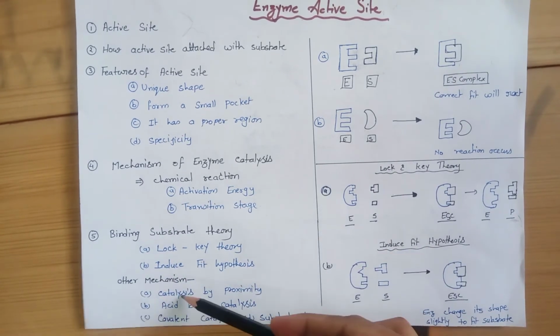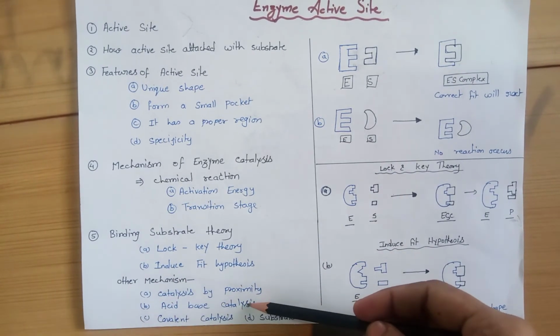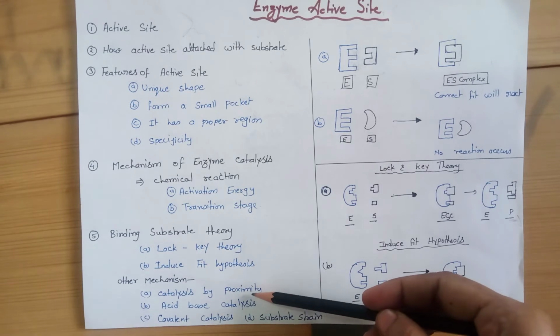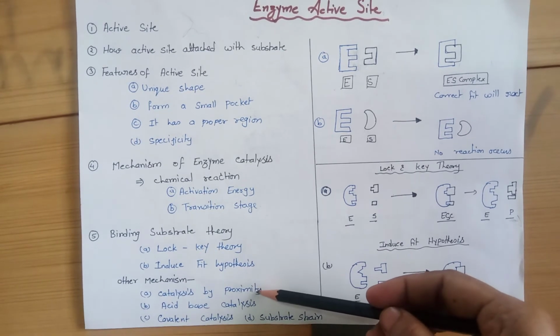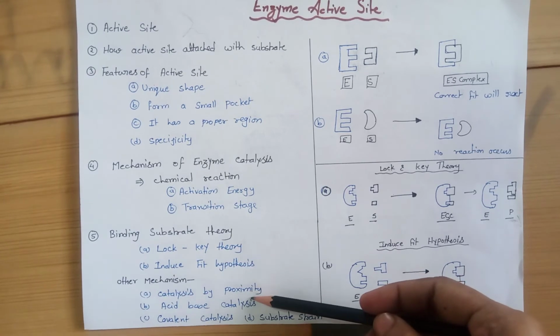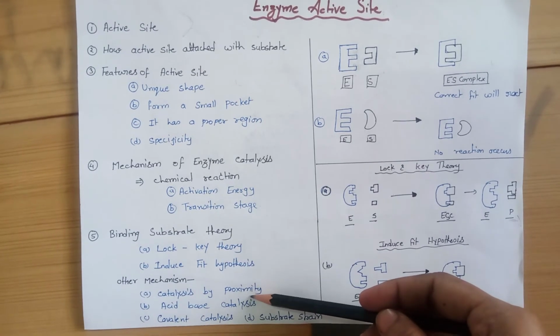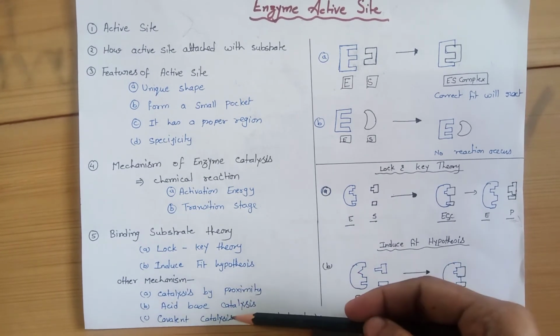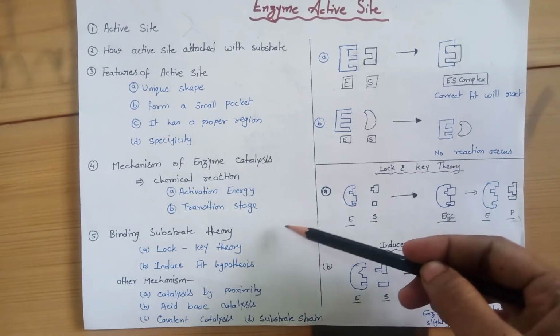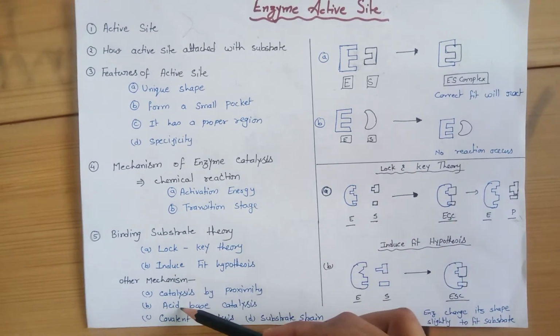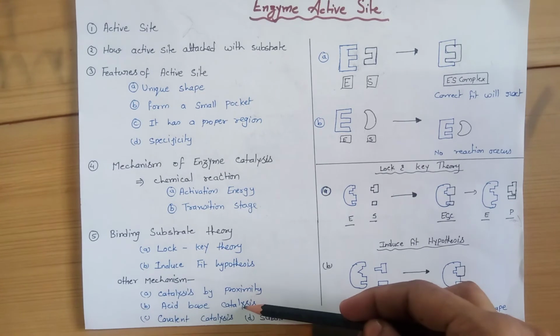And now the other mechanisms. Catalysis by proximity means the reactants must come together and bind with the enzyme in proper orientation for catalysis to occur. So the rate of reaction is directly proportional to the concentration of the reactant. Second is acid and base catalysis.